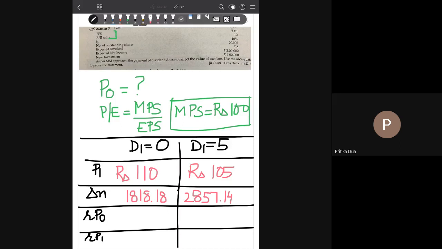Next, the present market value of the firm in both the cases is coming to 20 lakh, absolutely right. And at the end of year 1 is expected to be equal at a value of rupees 24 lakh. So hence the MM hypothesis is proven.